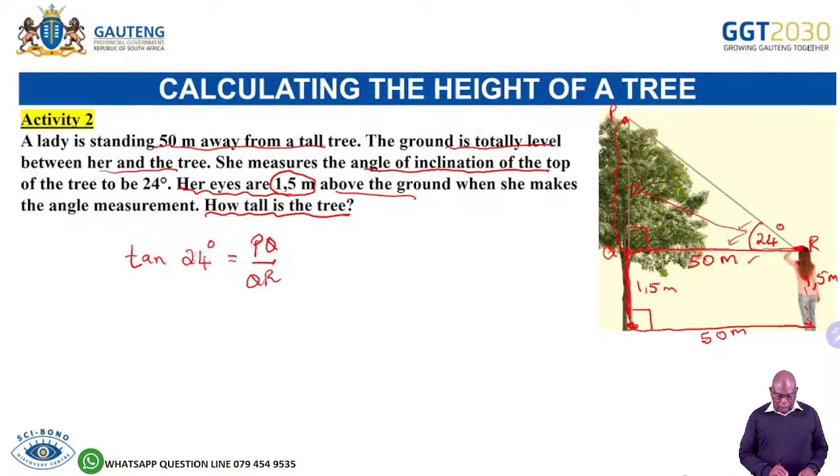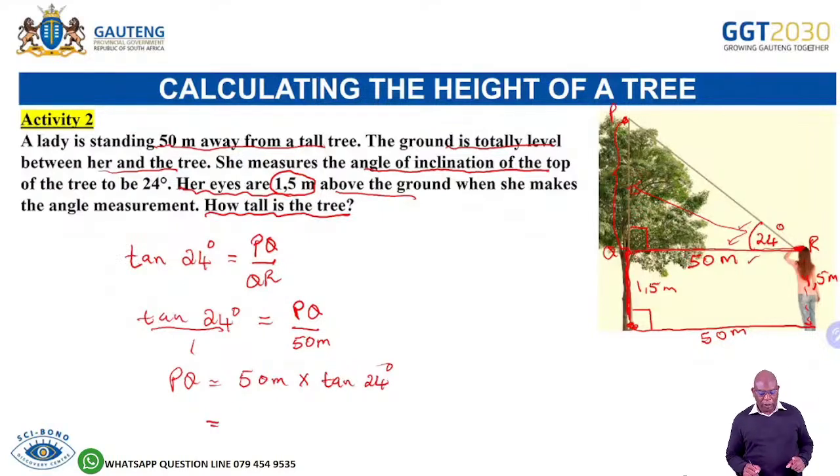Right? So now I'm looking for PQ. So I'm going to say the tangent of 24 degrees equals, what is PQ? I don't know. But QR, I know it's 50 meters. So I can just quickly cross multiply this. Then I'll get PQ, it's equal to 50 meters multiplied by tan of 24 degrees.